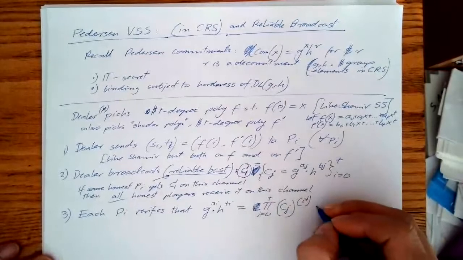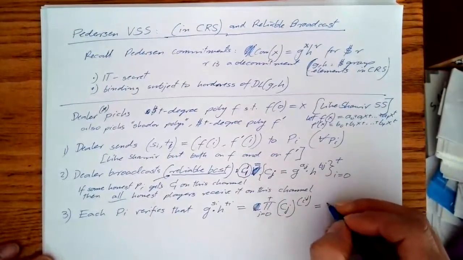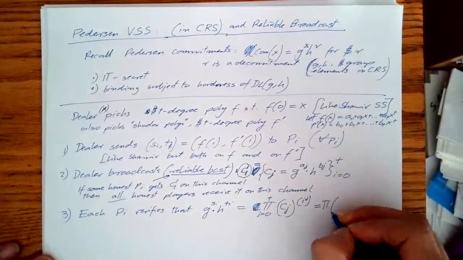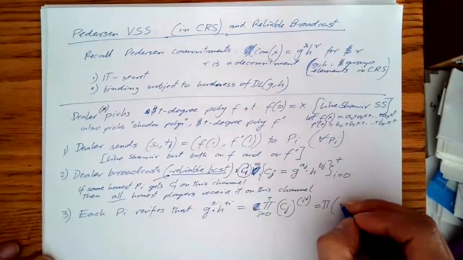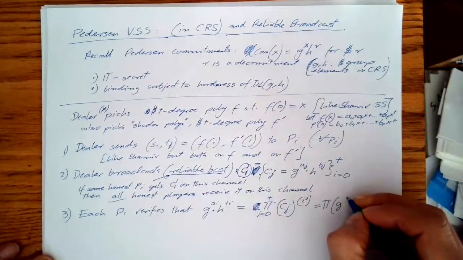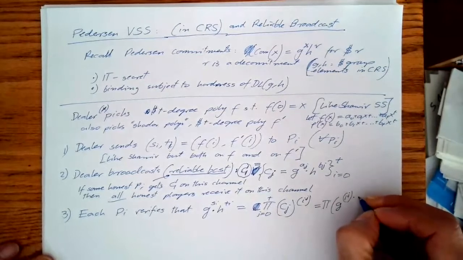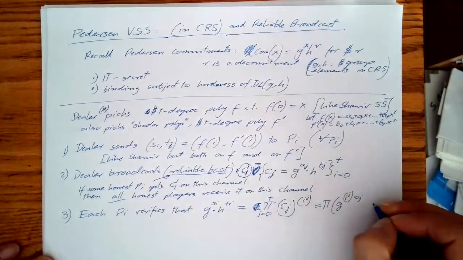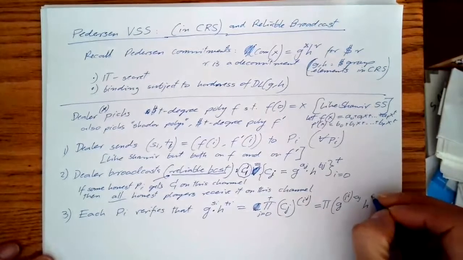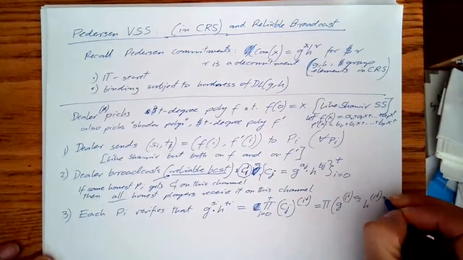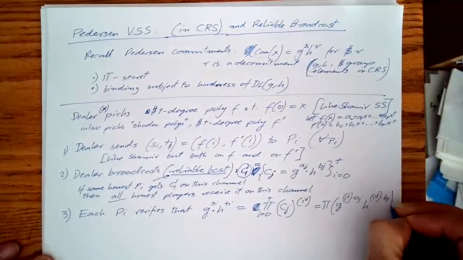Because both of these should give me, this is the product over what's Cj, it's g to the i to the j times Aj, and this is h to the i to the j times Bj.